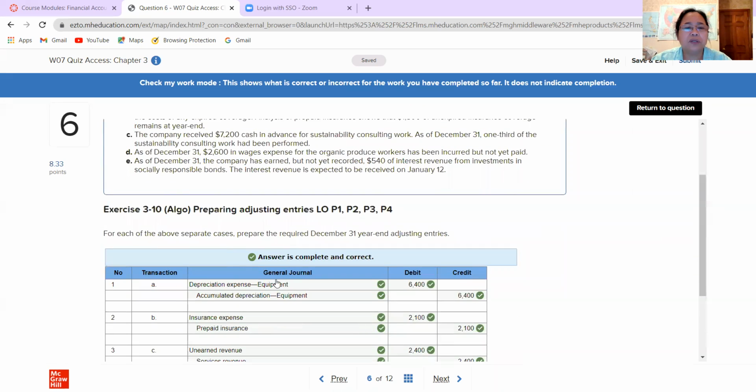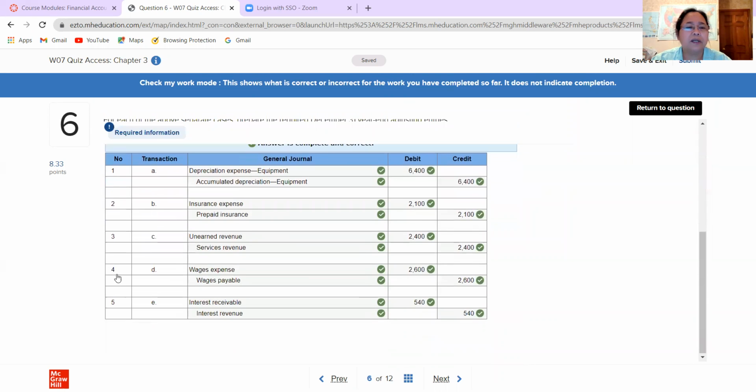So in the general journal, I entered transaction E, and then I picked interest receivable, and I entered 540 in the debit side, and then I picked interest revenue, and I entered the 540 in the credit side.